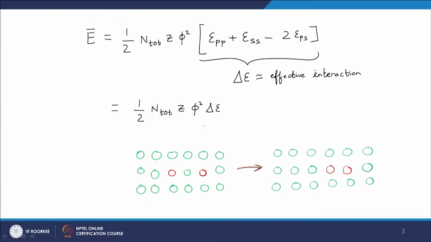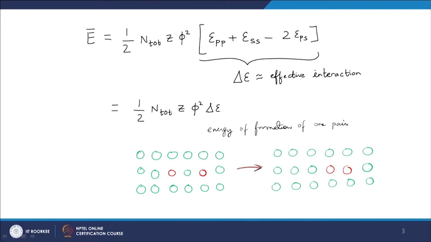Now, let us think about what energy gain or loss happened as a result of this process, where the solute molecules which were a bit farther came together and formed a new pair. So, this is the energy of formation of one pair.